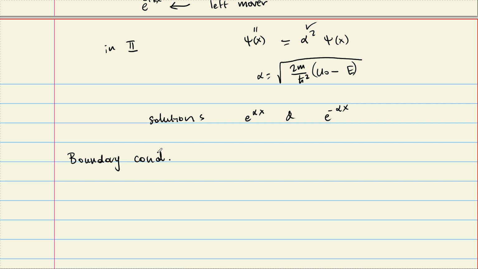For example, in the case of a particle in a box, we had the wave function amplitude vanishing at the walls. In the finite well, that wasn't the case, but the wave function and its derivative were continuous. Now this problem is completely different, so we have to think about the boundaries in a different way.